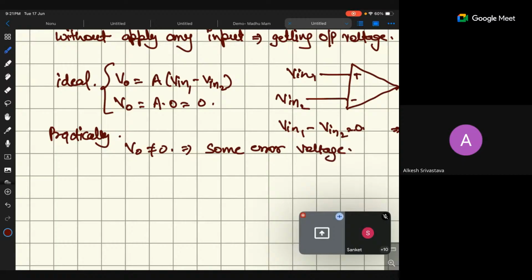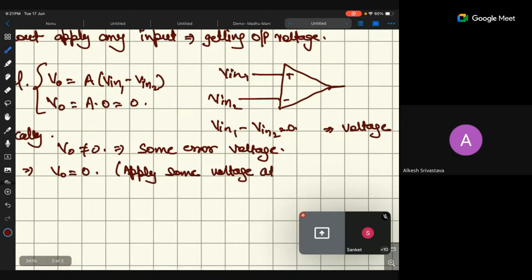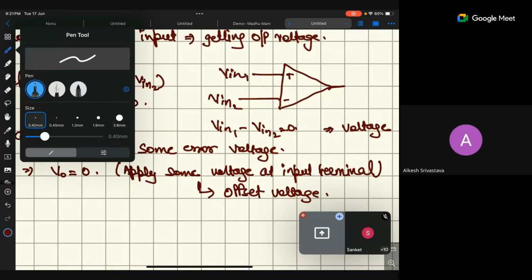So to maintain a V out of 0, we apply some voltage at the input terminal. This applied voltage is called the offset voltage.